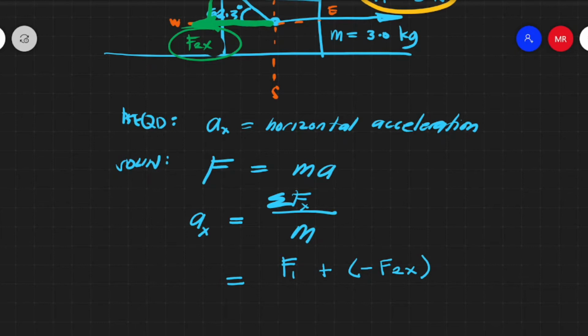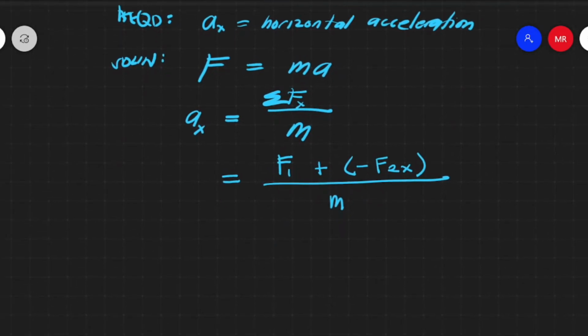F2x is negative because F2x is going to the west direction, or to the left, all over the mass of the body. Let us try to solve. F1, we have 9 newtons minus F2x all over the mass equal to 3 kilograms.